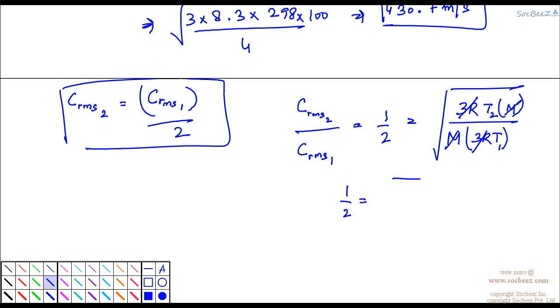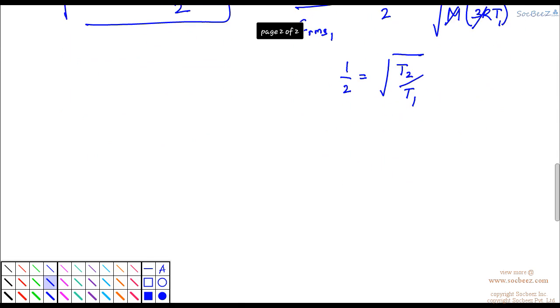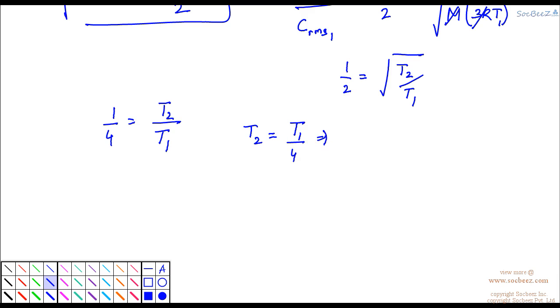So half equals the root of T2 upon T1. We can square the terms, so we will get 1 by 4 equals T2 upon T1. So T2 is nothing but T1 upon 4, and T1, as you know, is 273 plus 25 upon 4, that is 298 upon 4. That would give us 77 Kelvin.